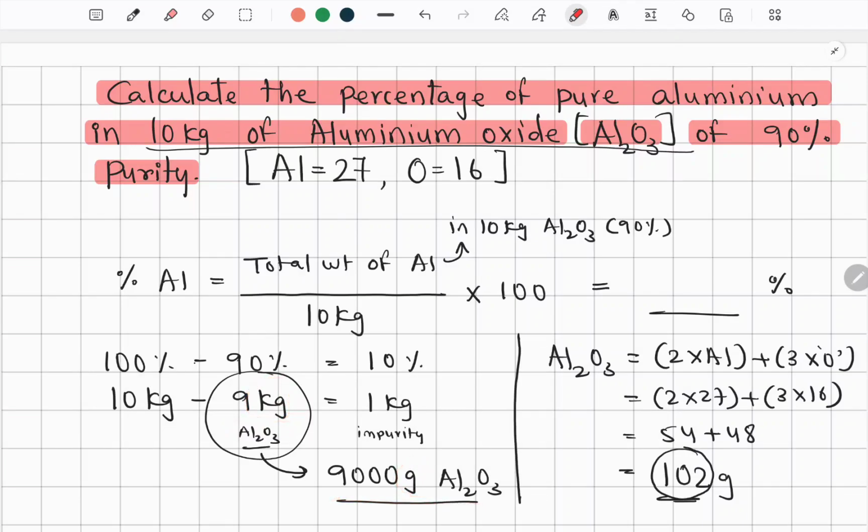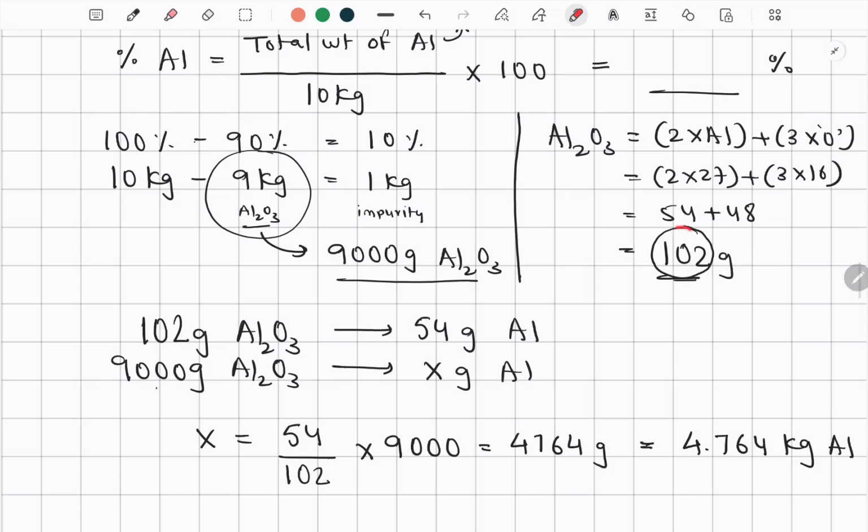The next step, we calculated the molecular weight of Al2O3, which is 2 into Al and 3 into O. When we add this, the answer came as 102 gram. From here we got to know that out of 102 gram, 54 gram is my aluminium. So if 102 gram has 54 gram of aluminium, then 9000 gram of Al2O3 has X, and we calculated the actual weight of pure aluminium present in the 10 kg of Al2O3, which is 4.764 kg.